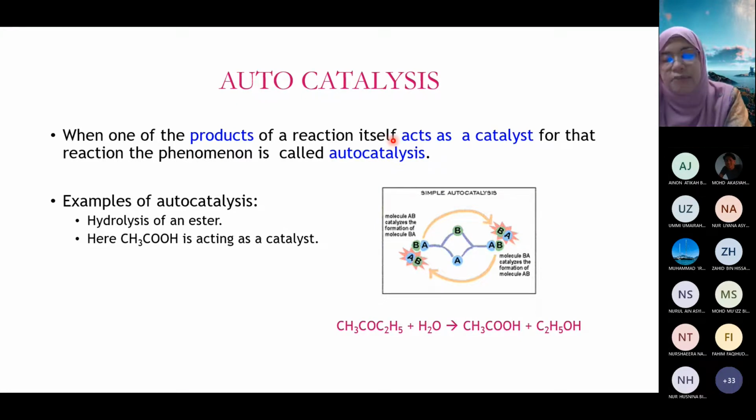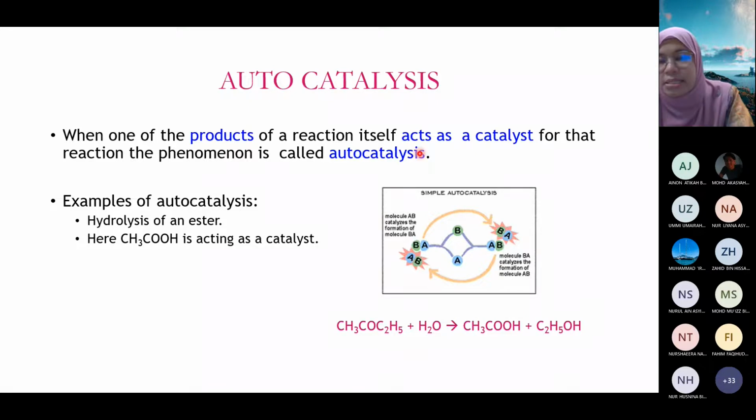What is the example of autocatalytic reaction? Meaning that you have the reactant and it will react to form a product ataupun intermediate product. And this intermediate product will act as a catalyst to increase the rate of formation of the product.